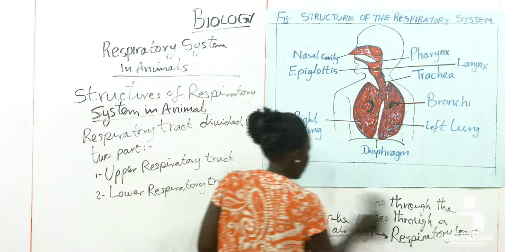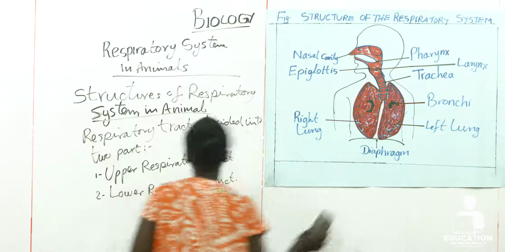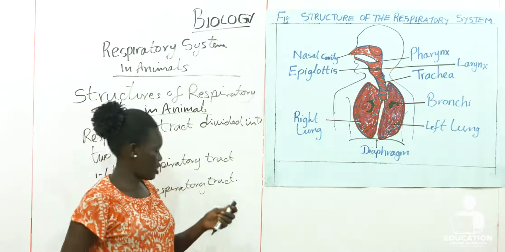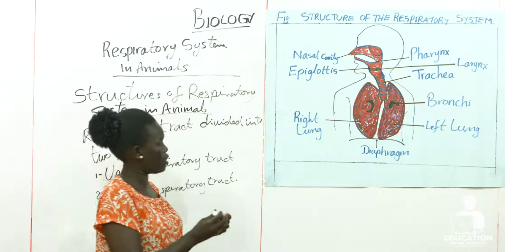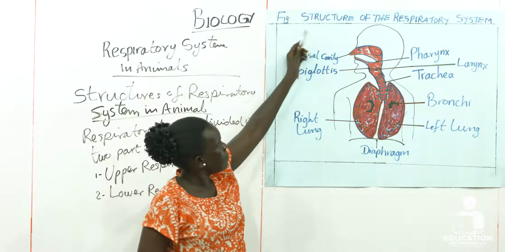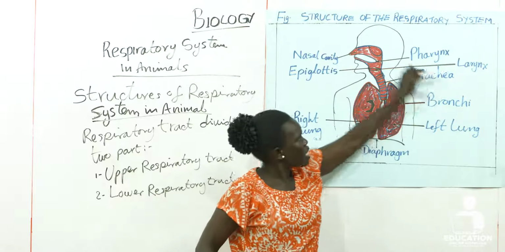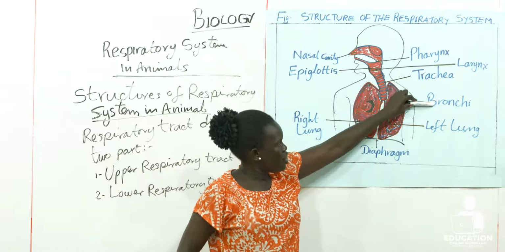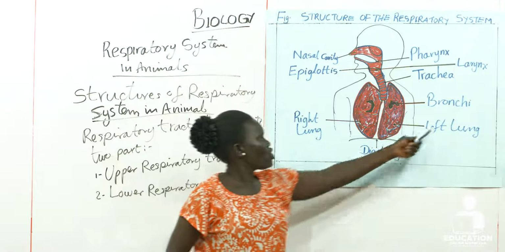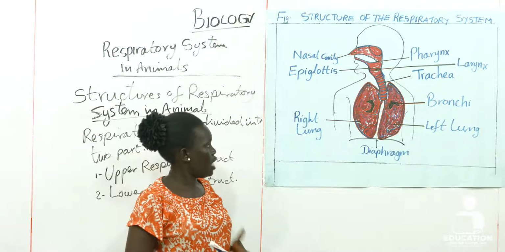So the upper respiratory tract includes some structures, because when we look at this structure here: nasal cavity, mouth is here, pharynx, larynx, trachea, bronchi, then the two lungs, left lung and right lung.